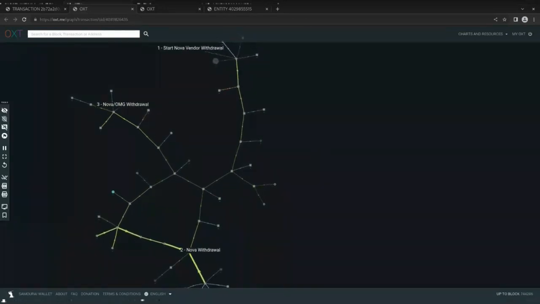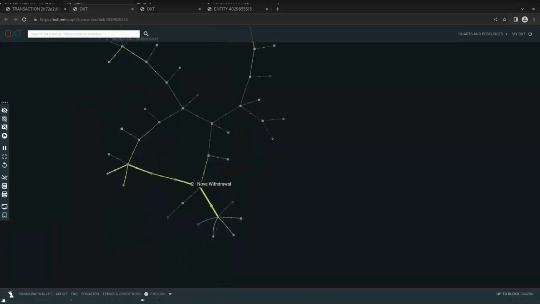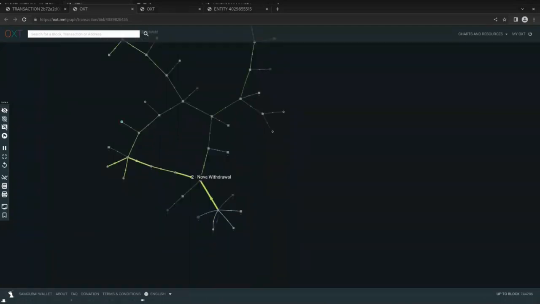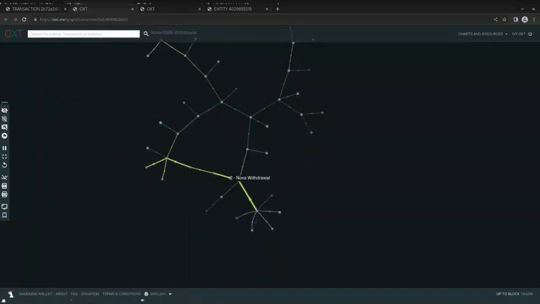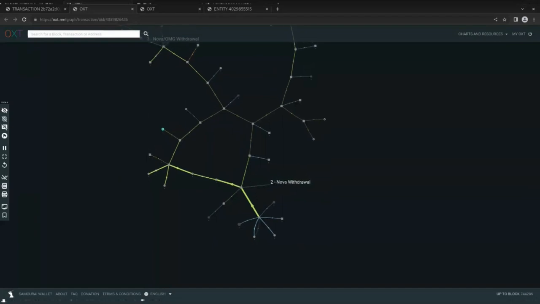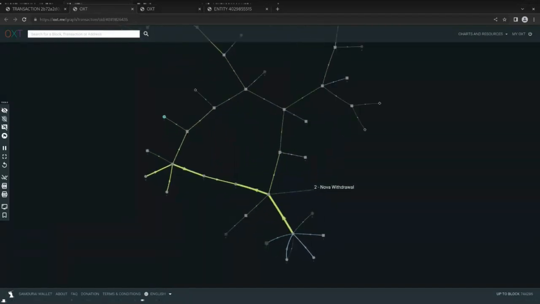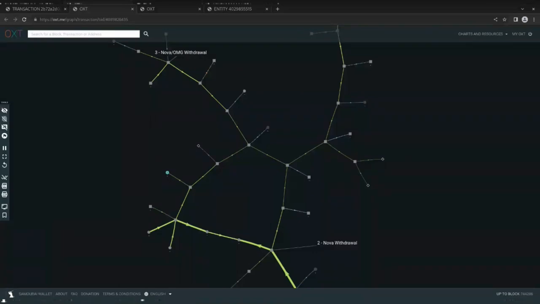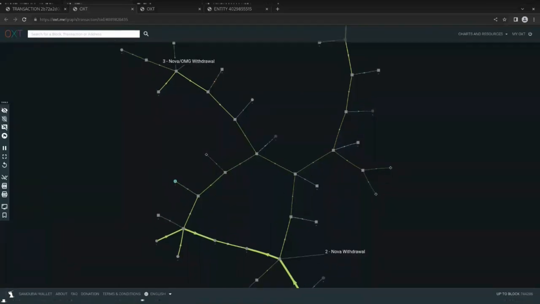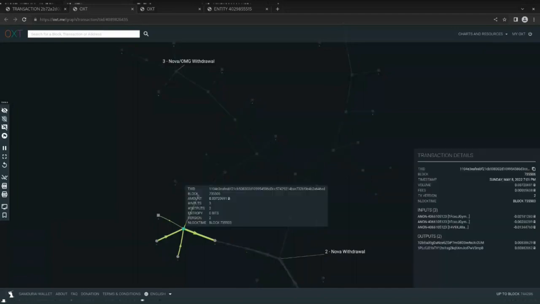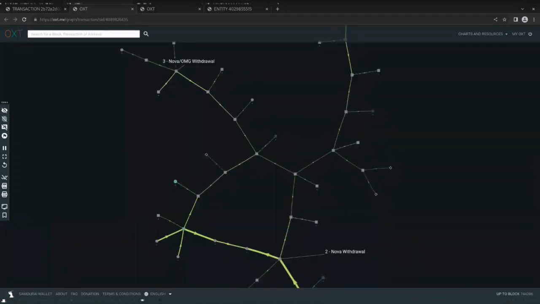Again, this was our start point. We went forward along this part of the graph, then back up the graph to this point number 2, another NOVA withdrawal. Then we went back up this part of the graph to another NOVA and OMG market withdrawal. And now we've been traversing this part of the graph here back to this transaction.